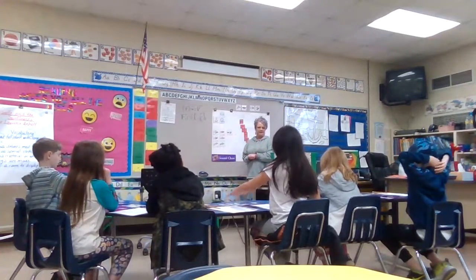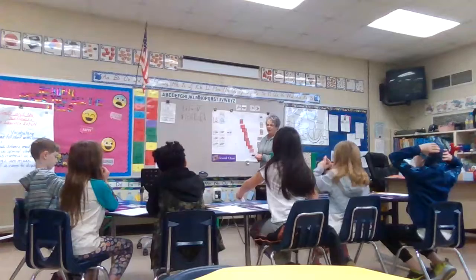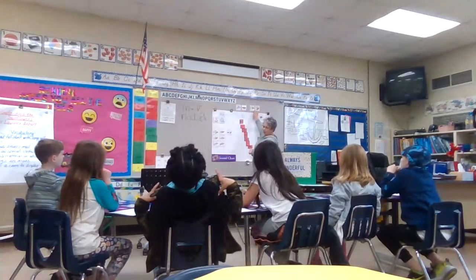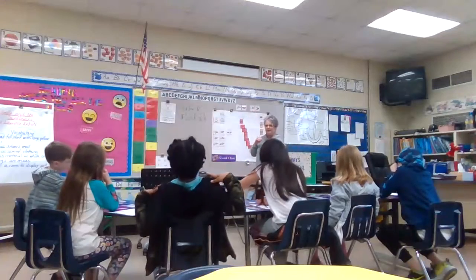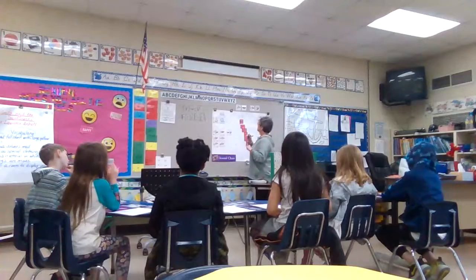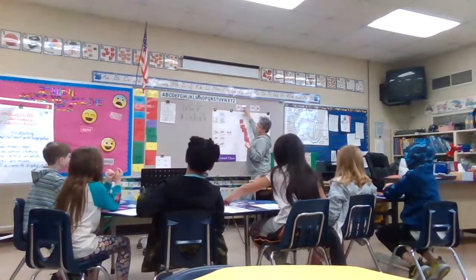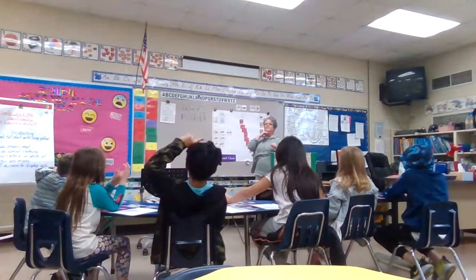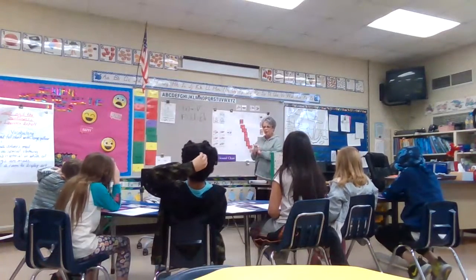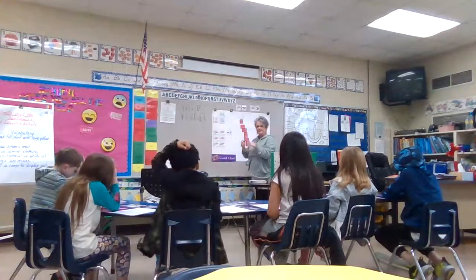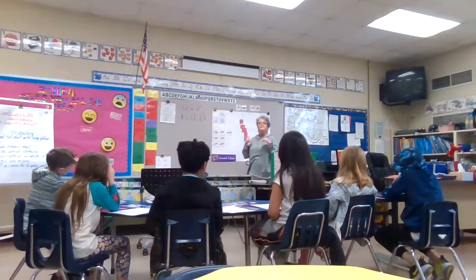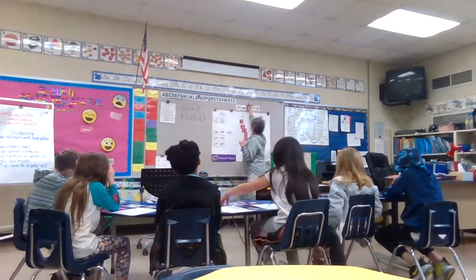All right, now let's identify the syllables. Our first syllable is fay. Second syllable, bull. Fable. Where is the accent? Is it on the first syllable or the second syllable? First syllable. Remember, when the accent, we say it a little louder, hold the sound a little bit longer. Fable. It's on the first syllable.